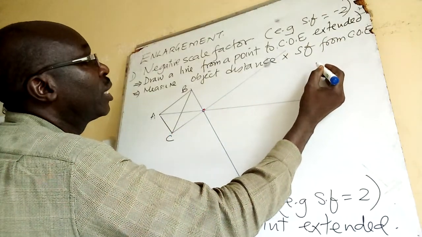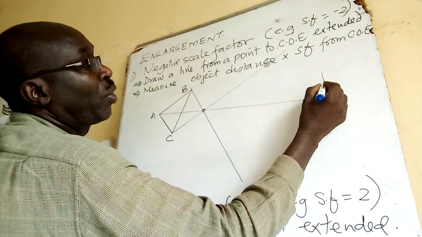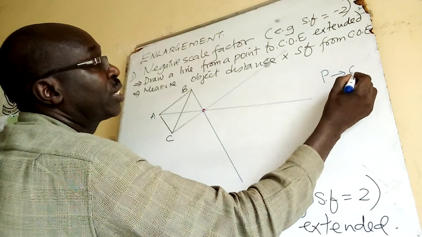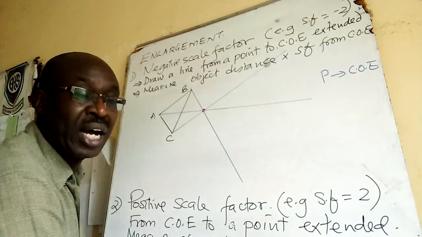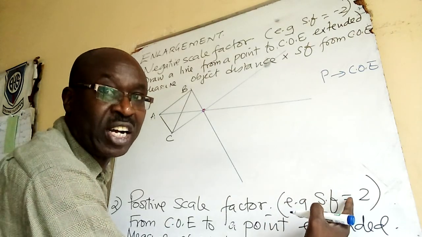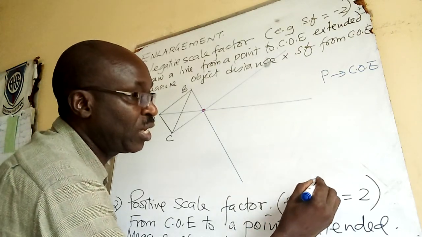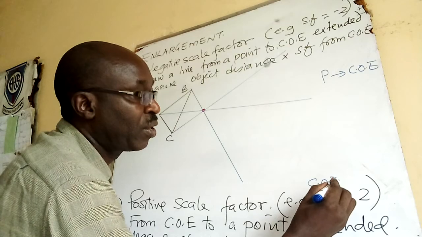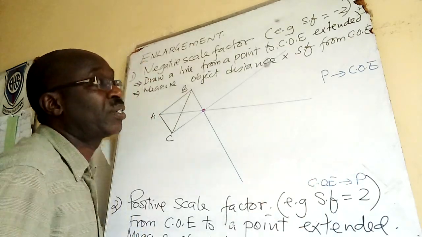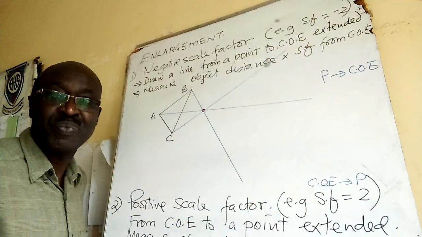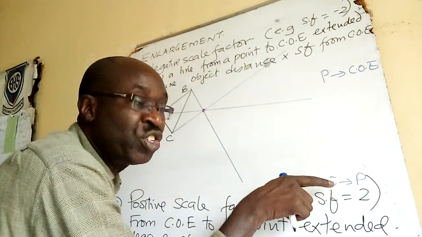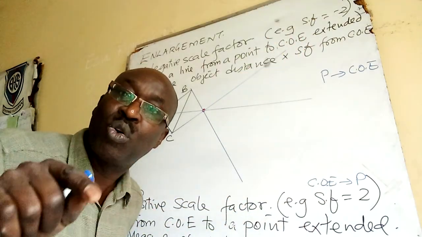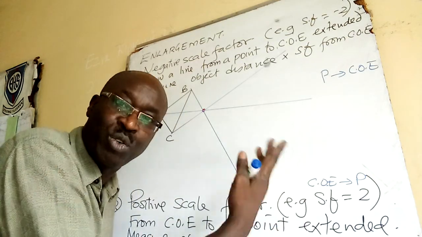So I want you to get here. We are doing point to C.O.E. But here, when it is positive scale factor, it is C.O.E to a point. You can see it is reversed. So this negative is the opposite of the positive, because we start with positive and then we go to negative.